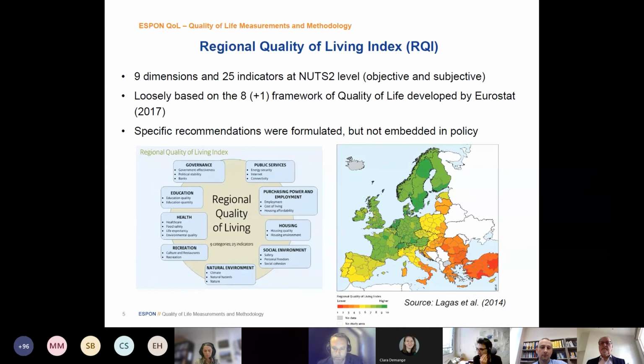So based on 9 dimensions and 25 indicators, which were objective and subjective in nature, they developed this overall quality of life index, and they measured quality of life using the index for all NUTS 2 regions, and came up with this picture. So some specific recommendations were formulated, but there was no follow-up in policy actually. So it was a standalone effort to measure quality of life. Next slide, please.